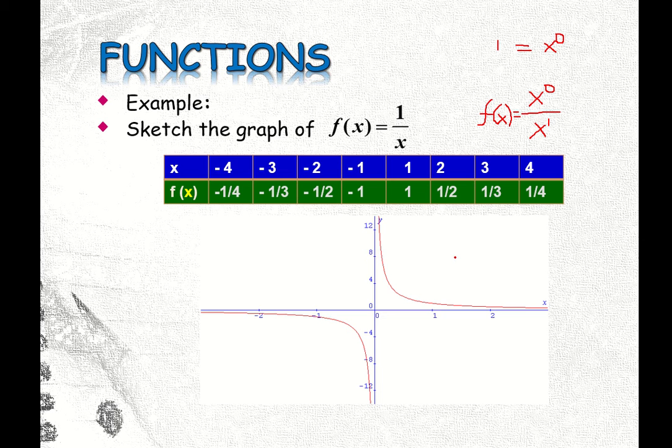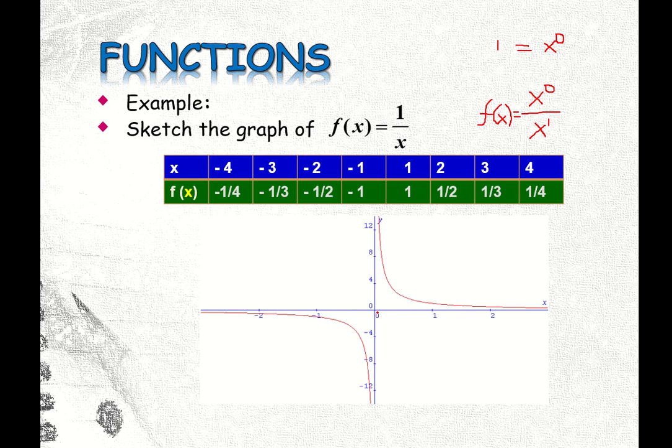So what is the rule? As the rule says, if the degree of g is less than the degree of h, the asymptote is the value of x that makes the function undefined.